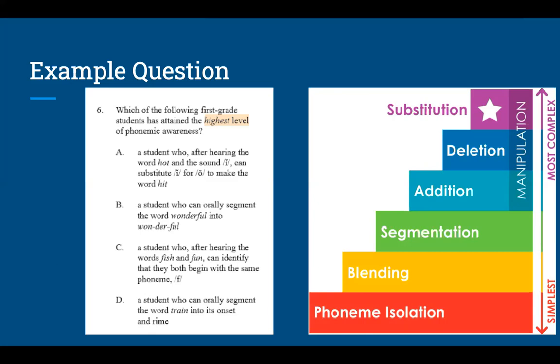And the reason I love this question is because it's a perfect example of what the test is really like, where I needed to approach this question knowing not only what phonological awareness is, but knowing that component of phonemic awareness and knowing the sequential skills under that phonemic awareness component as well.